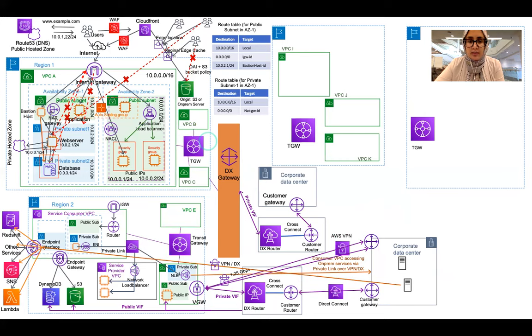So this is how it works. Okay, so let's see what else we can do in here. Whenever you have a transit gateway and you want to reach out to the corporate data center, it's going to do that through a transit VIF.